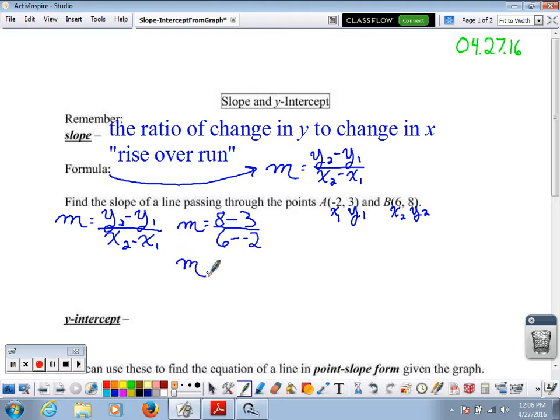Then we simplify. 8 minus 3 gives me 5. And what happens when I have minus a negative? It becomes plus. So 6 plus 2 is 8. So the slope of that line is m equals 5/8.